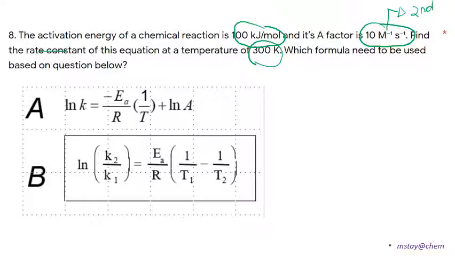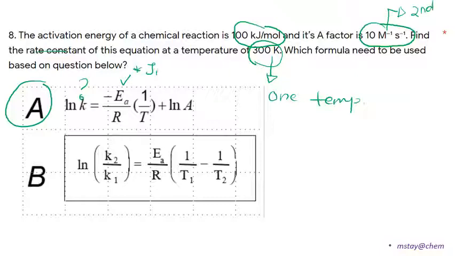Because here we only have one temperature, basically we are going to use formula A, where we don't know the rate constant. The question gives us kilojoule per mole, so do remember that you have to convert to joule per mole, because the gas constant value that we use is 8.314 joule per mole per Kelvin.